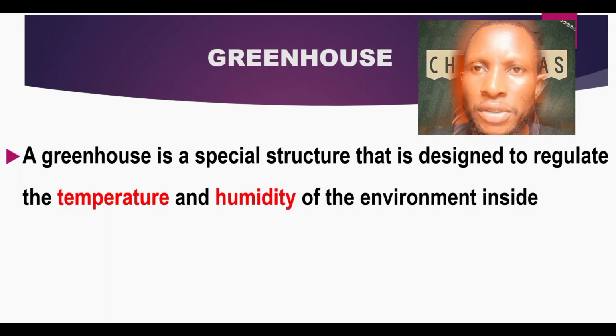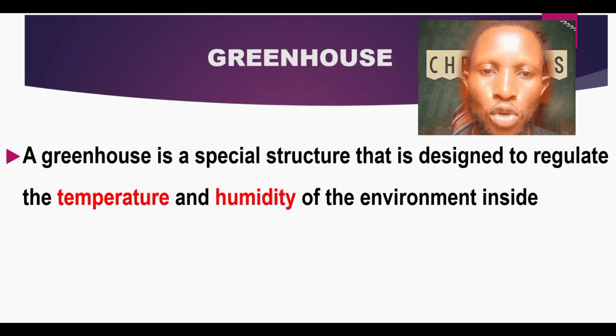A greenhouse is a special structure that is designed to regulate the temperature and humidity of the environment inside. It can be a small structure or a big structure that is designed to regulate temperature and humidity within its environment.